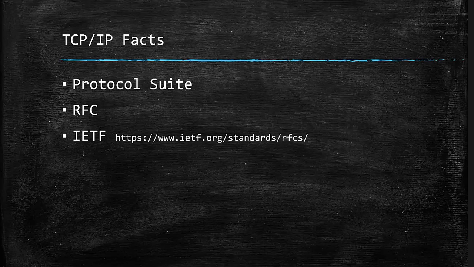IETF, or Internet Engineering Task Force, is the organization that is responsible for TCP/IP standards. And finally, IANA, or Internet Assigned Numbers Authority, is responsible for assigning IP addresses around the world, as well as TCP and UDP ports, which we will talk about later in next slides.